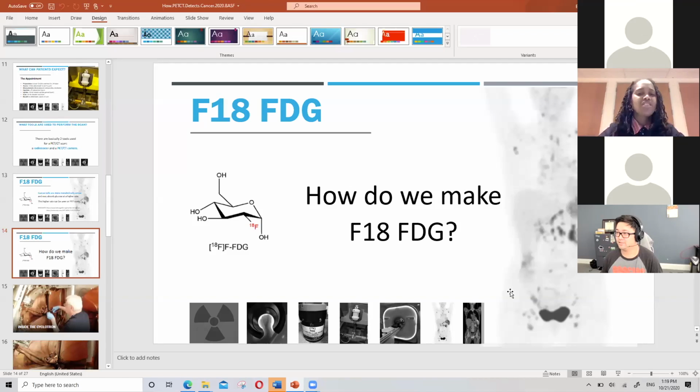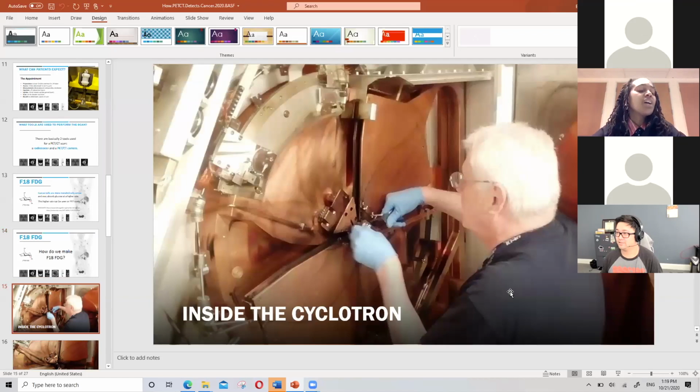I apologize for that. So this slide as well, I have a model of the F18 FDG molecule. And on the right-hand side, you see uptake in the body. So F18 FDG and other radioisotopes are made inside our cyclotron, and we at UCSF are really lucky to have a cyclotron on site.